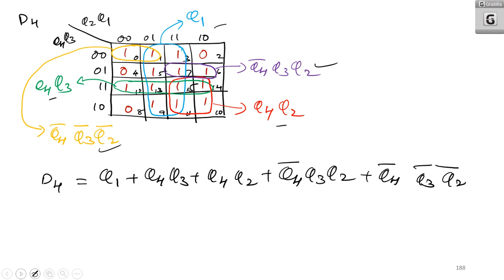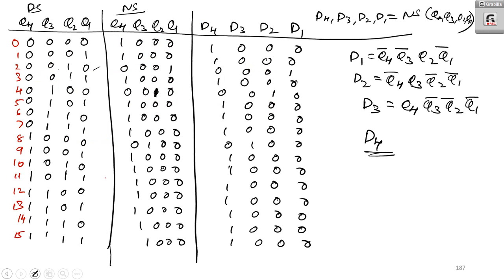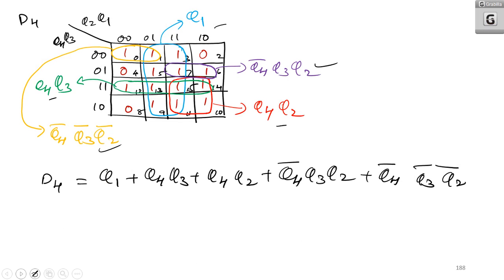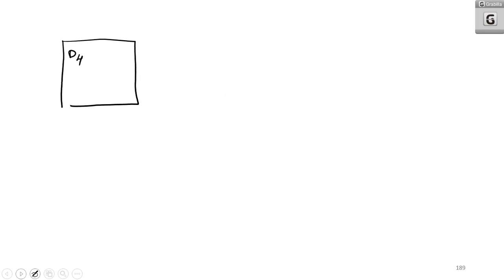Now let me draw the logic circuit. So you are having D4, Q4, Q4 bar. Now coming into D3, that is Q3, Q3 bar.